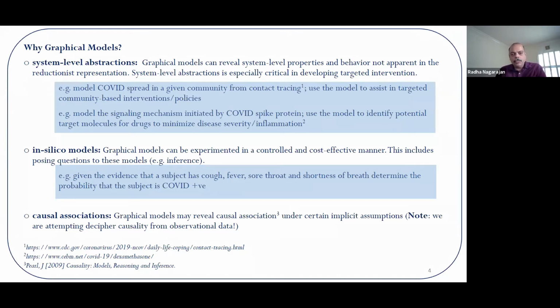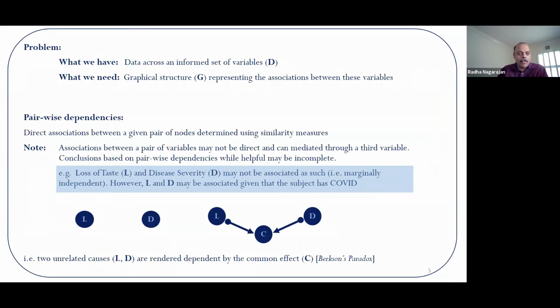So these associations can reveal also causal associations under certain implicit assumptions. But it is important to know that we are not attempting to decipher the true causality, but derive the causality from the observed data. So there are definitely limitations, and I wanted to explicitly acknowledge that.